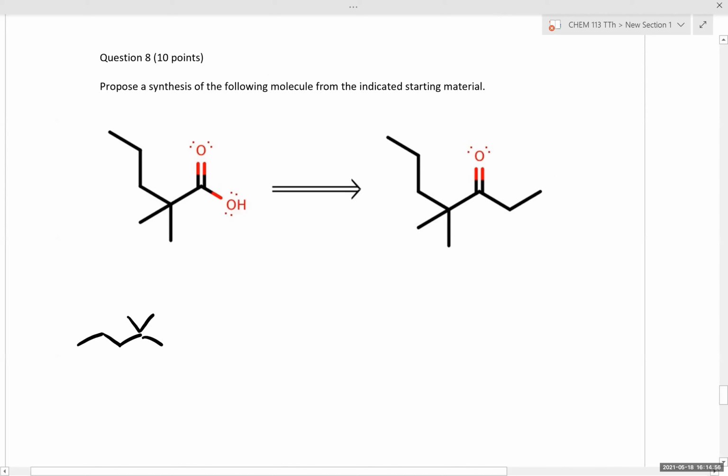What conditions would we need to convert this ketone into the carboxylic acid? And please only use conditions that we've talked about in this course. So what can we do? What reaction can be used to convert a ketone into a carboxylic acid?